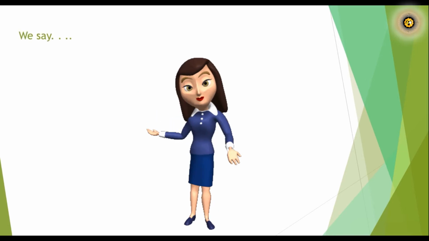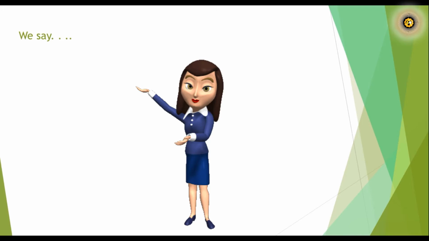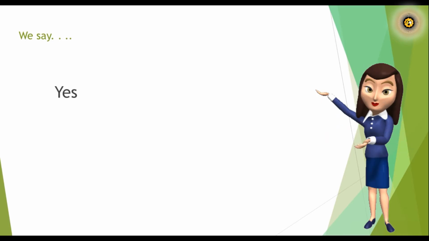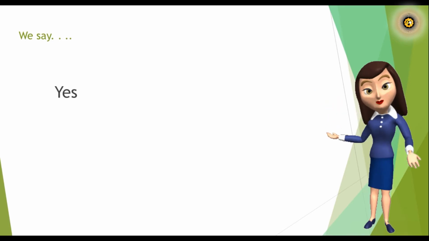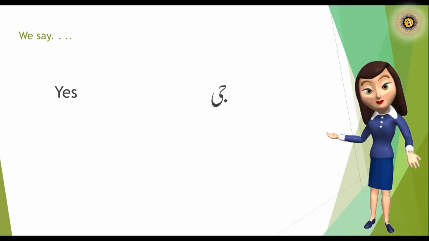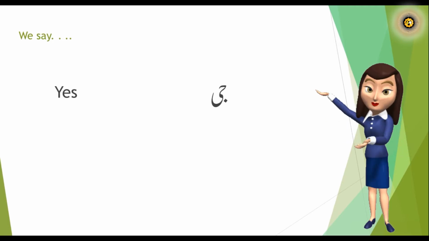Let's take a look at some vocabulary words first. We say yes in English when we have an affirmative answer, and in Urdu we say ji. That is a polite way of saying yes, and it is better that we say ji.